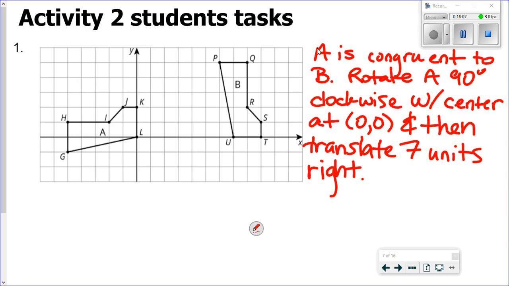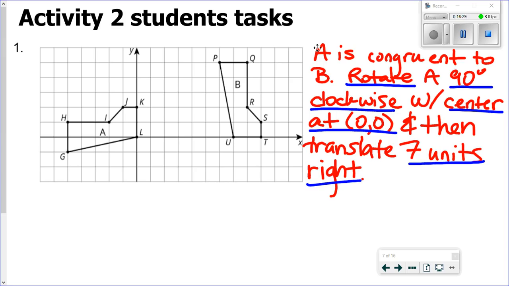So if we are talking about rotation, we are saying how many degrees, what direction, and what our center of rotation was, the point the figure was turned around. If we are talking about a translation, we need to remember the direction and the number of units.